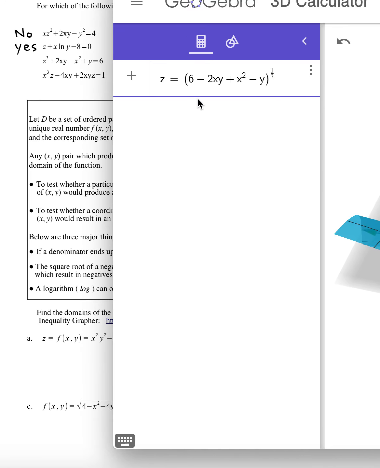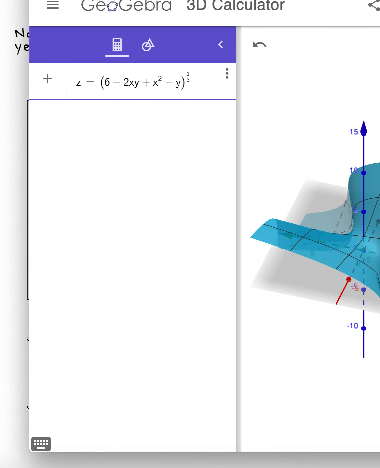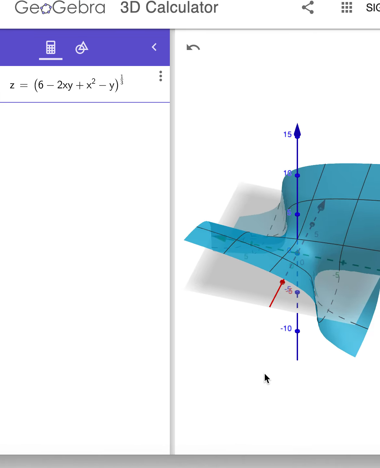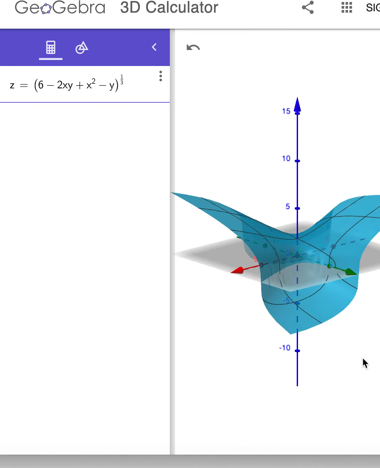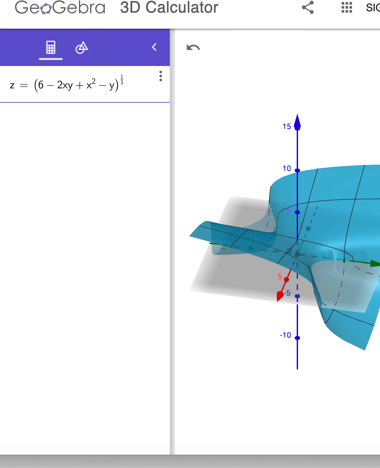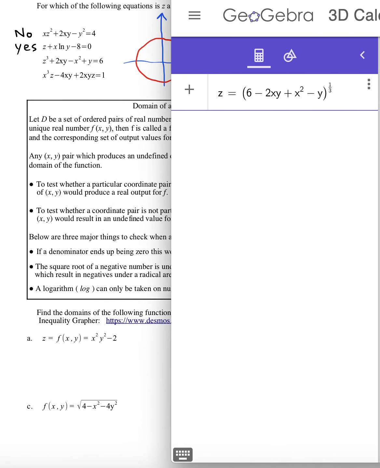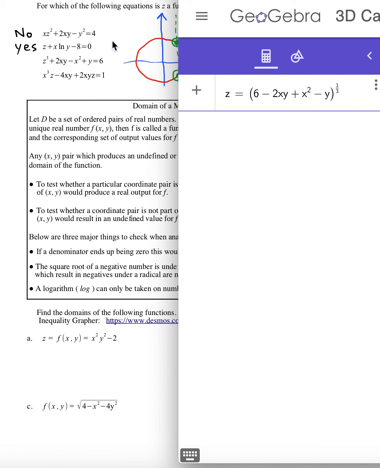Alright, so what I typed in was z equals 6 minus 2xy plus x squared minus y, and then I took the cube root of that. The cube root does not give us two answers for every input, and in fact, y equals cube root of x is a function. And if we check out our surface, we can see that this is a function too. It passes the vertical line test. So I'll write yes for that one.